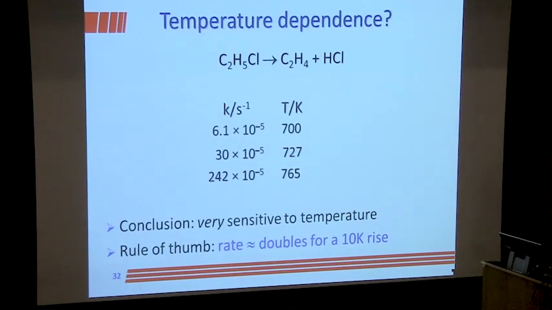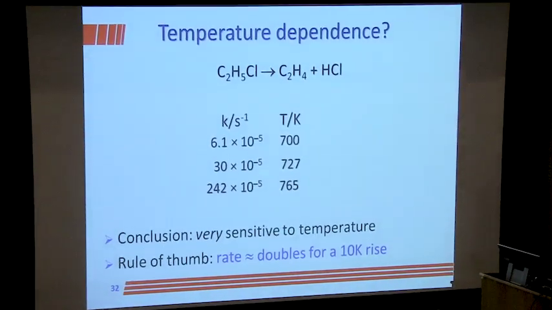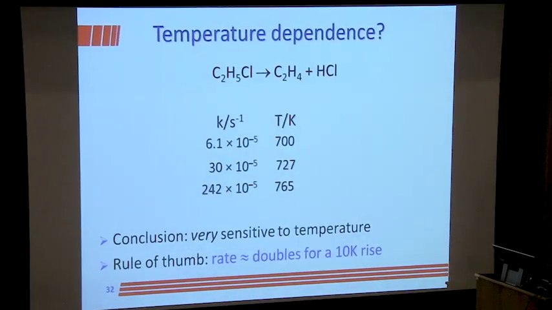Then you do it again at 727 Kelvin, and you measure that it's actually 30 times 10 to the minus 5. Then you do it again at 765, and it's 242 times 10 to the minus 5. So the rate constant isn't constant. It's a contradiction.